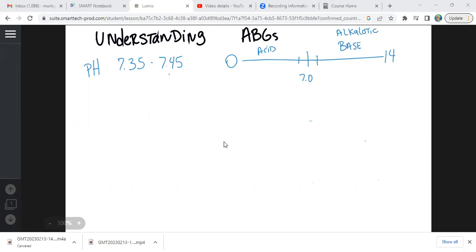That's 7, so this would be somewhere in this range, 3.5, something like that. This is about 5.6, so somewhere in this zone is normal saline.